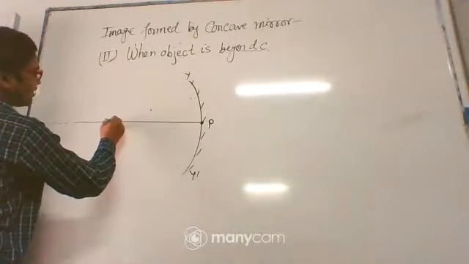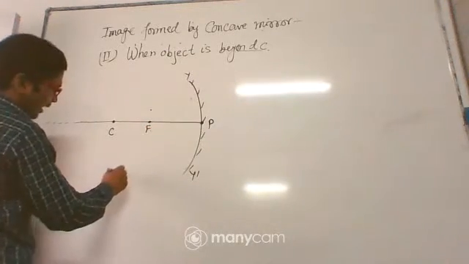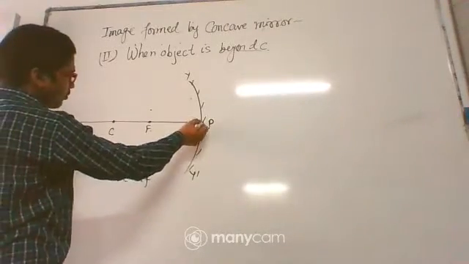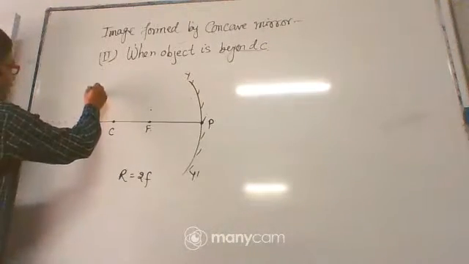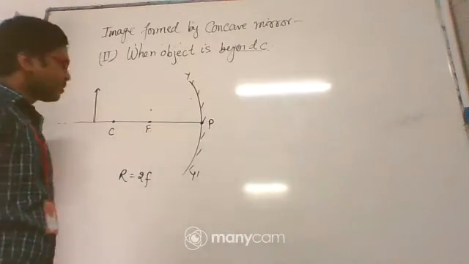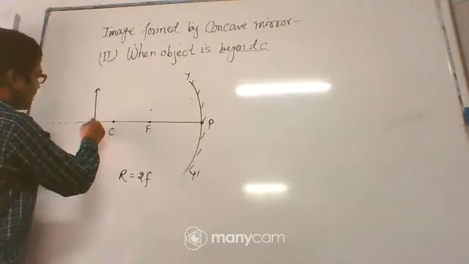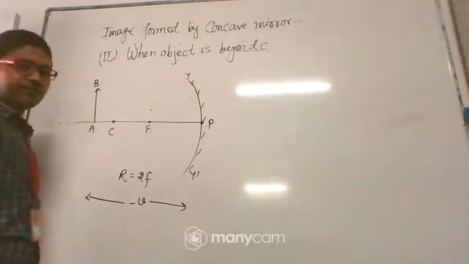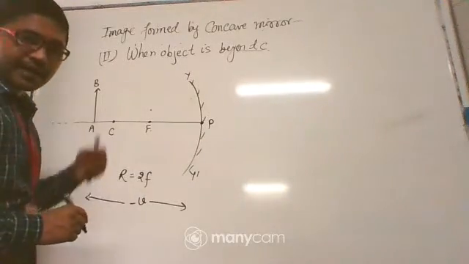Now, suppose this is the center of curvature and the focus, because we know that R is equal to 2 times F. So this F should be in between the point P and C. So it is here. Now object is somewhere here beyond C. It is not a very large distance, but it is beyond C. So the distance between C and the point A, that is the object, is taken as minus b according to the sign convention. Now we are ready to draw the ray diagram for this case.